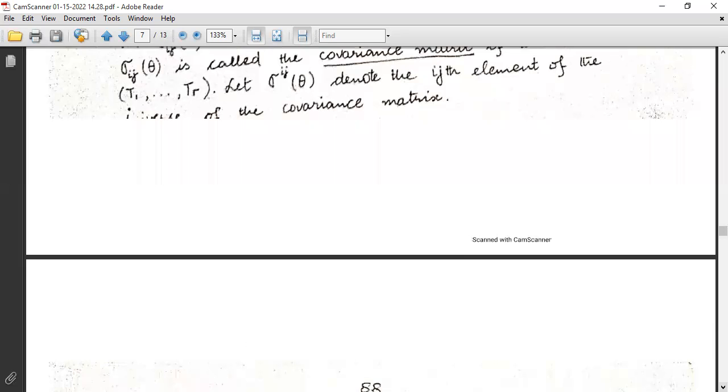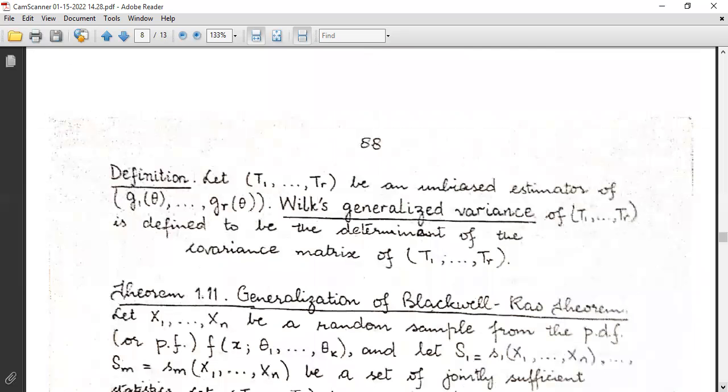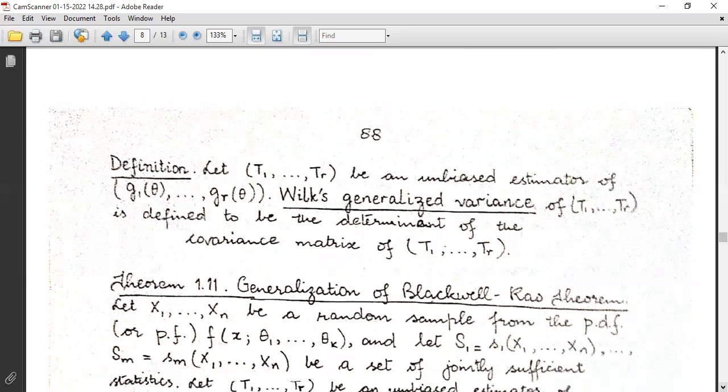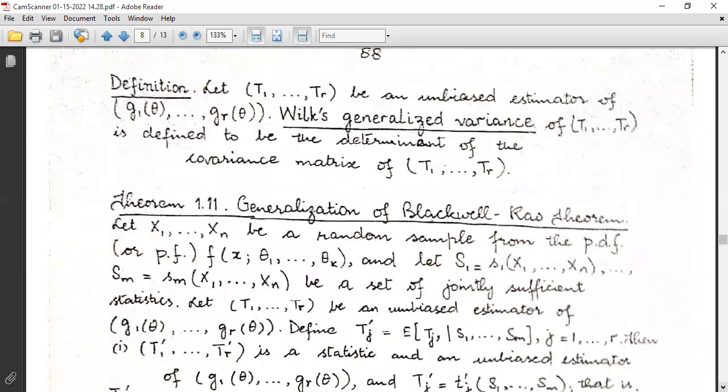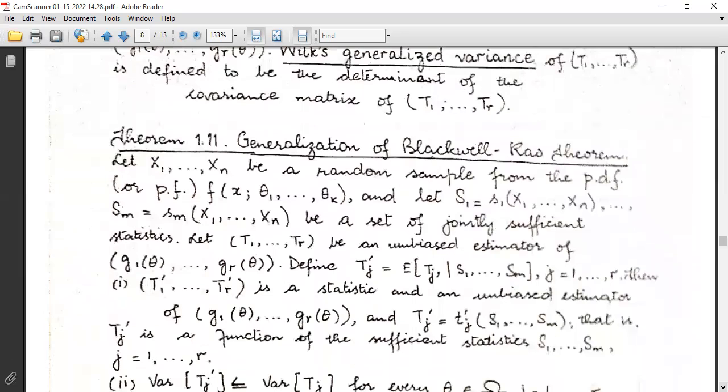And on the same line, we then define the generalized variance, which is called Wilks generalized variance. We also go through the generalization of the Rao-Blackwell theorem.